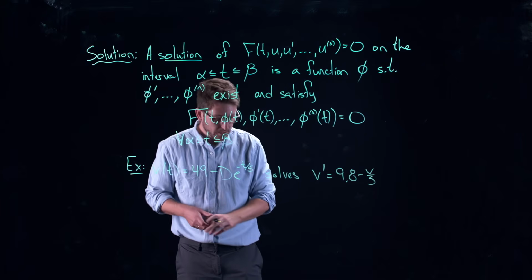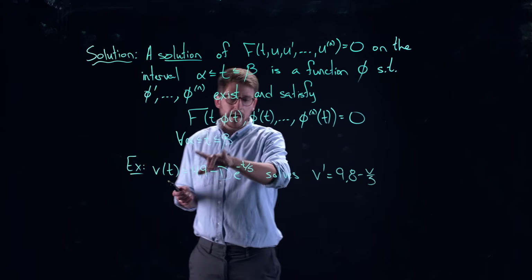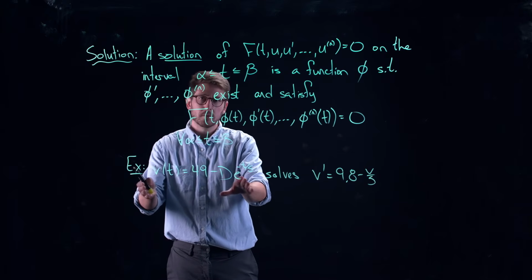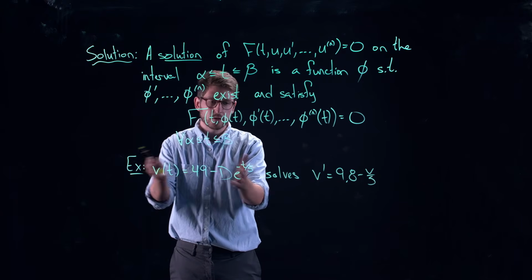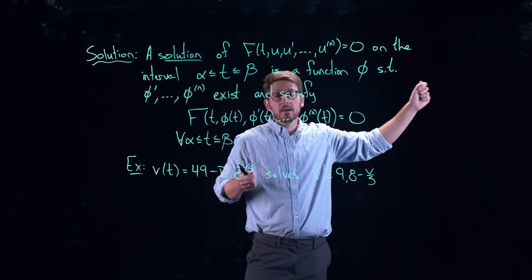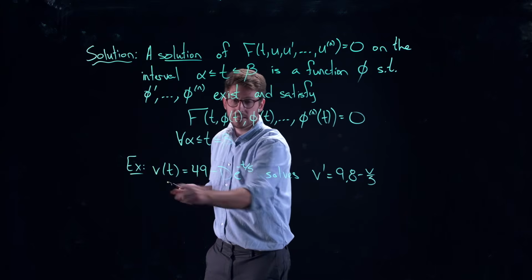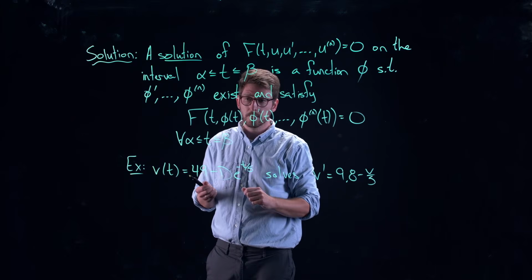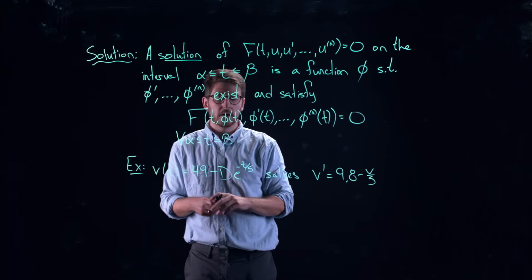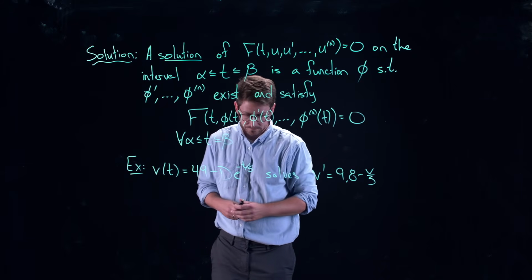That was the equation from the previous video. Well, in that case, I have no problems with any values of t here. This solution exists for all time. That means I can go forward in time as much as I want, and technically, I could go backward in time as much as I want. It's still a solution to this differential equation. That tells me that alpha and beta can be plus and minus infinity.